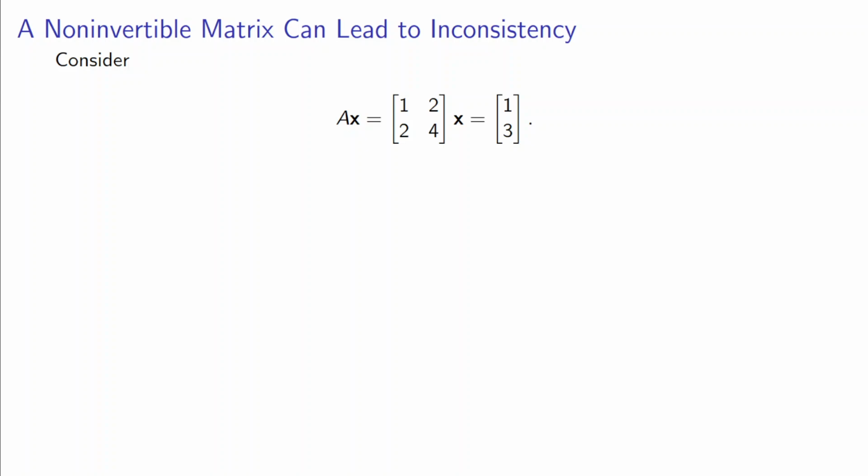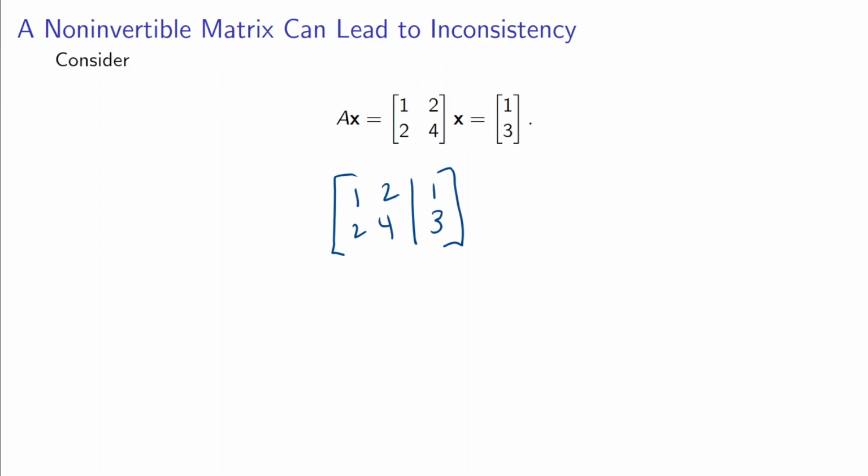A non-invertible matrix like that matrix A can lead to inconsistency. Let's consider this equation, Ax equals b, where A is that matrix that is not invertible, and try to solve Ax equals b, where b is the vector 1, 3.